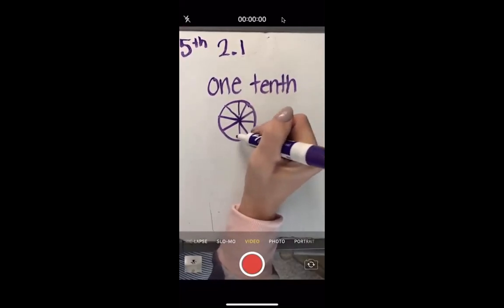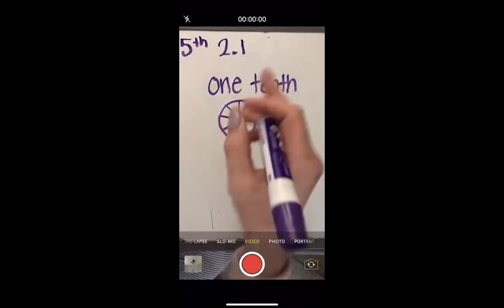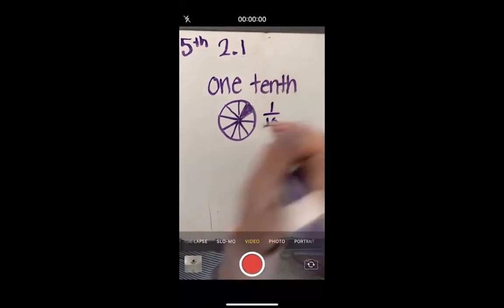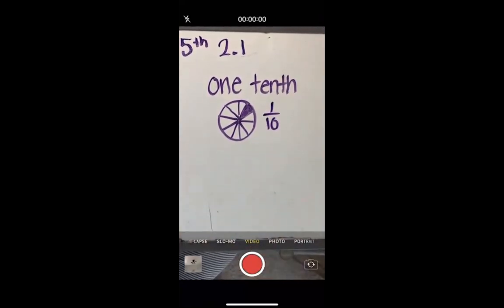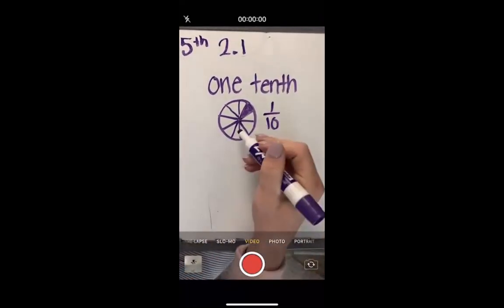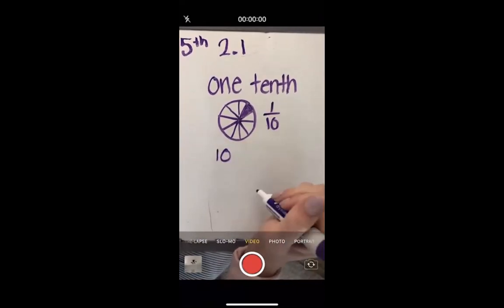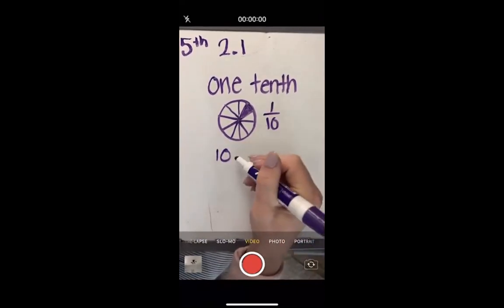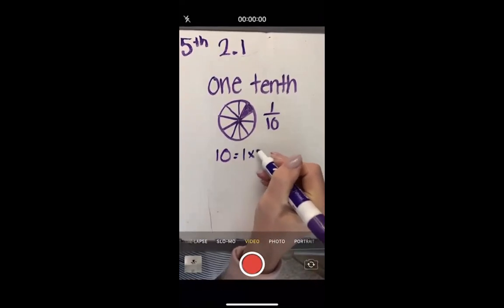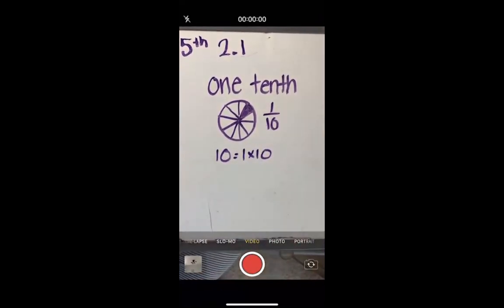Do you want me to put 1/10 like a fraction? Is that what we're going with, Ridian? No, so you're going to make a 10 and then have it equal 1 times 10. Now, divide the 1 by 10 and the 10 by 10.